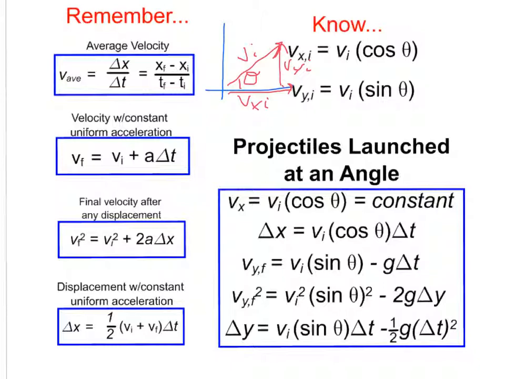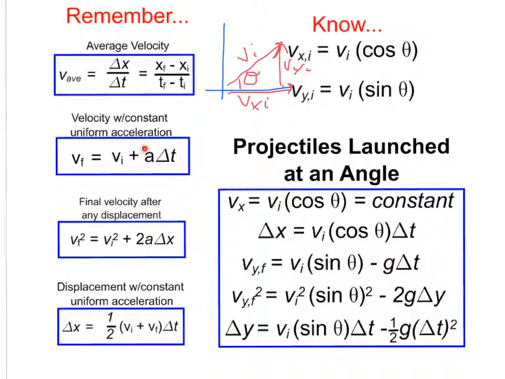Right here, this equation comes from a combination of this equation and this understanding here as well. We're talking about the y direction here. So the final velocity in the y direction is going to be equal to the initial velocity times sine theta, because that will give us the initial velocity in the y direction. So we substitute that into this portion.